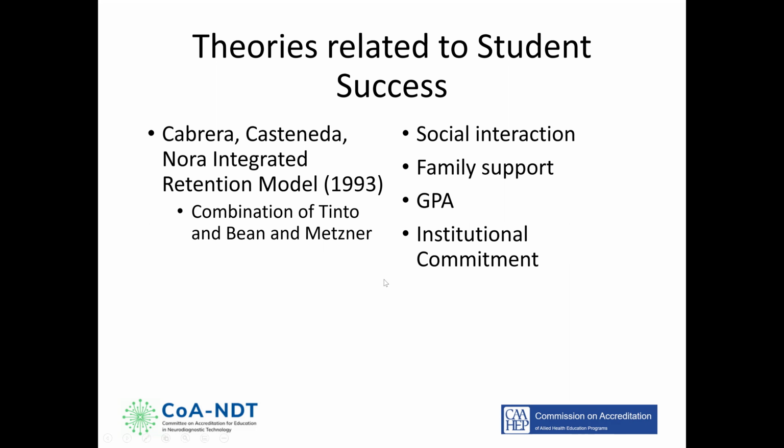And then again, the institutional commitment is still important, but more important for us, I think, is that commitment to the program and how they love their program. They don't care much about the institution because they're adult students, and they're coming to school and their focus is getting through the program. They don't really care what else is going on at the college.